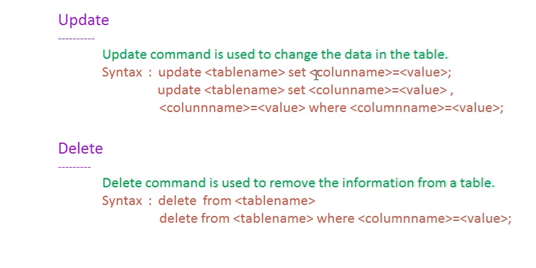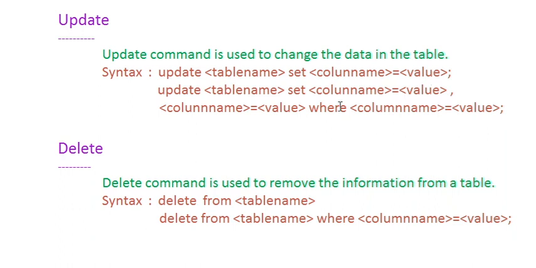It means you are changing one column value. That means that column value is changed for all the records. For example, if you write the query update employee set address equal to Vijayawada, then for all the rows in the table, for all the employees, the address is modified as Vijayawada.